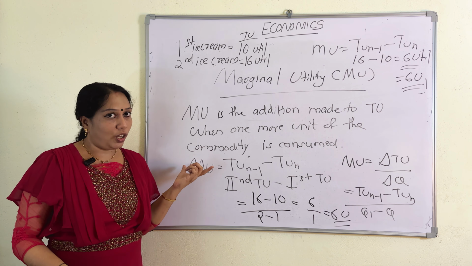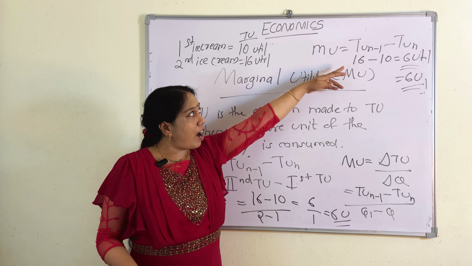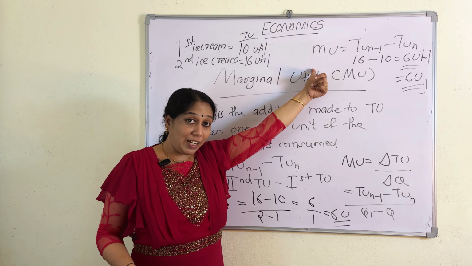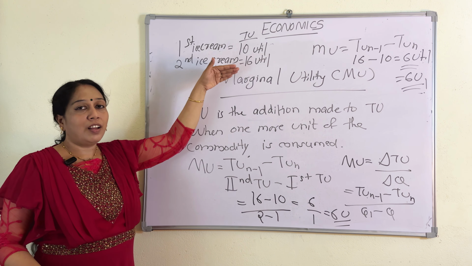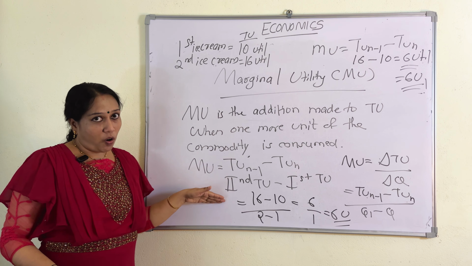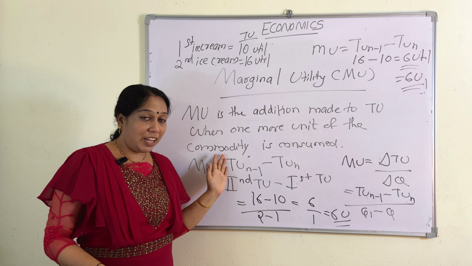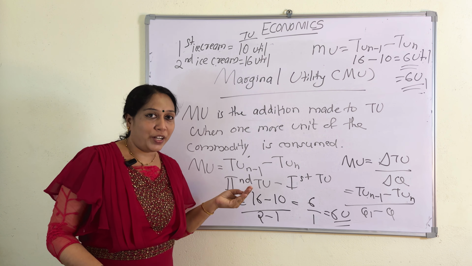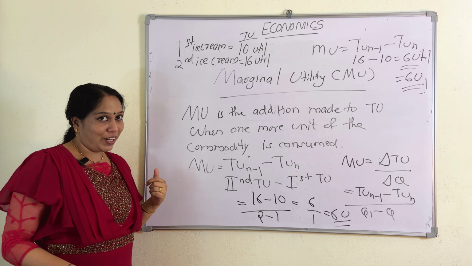Then we will get TU. How to find out the marginal utility? TUN minus 1 minus TUN, that is second total utility minus first total utility is marginal utility. Okay, all of you write these notes. Marginal utility is the addition made to the total utility when one more unit of the commodity is consumed. Okay, I think all of you clear two types of utility.